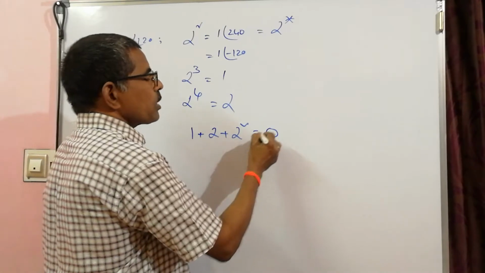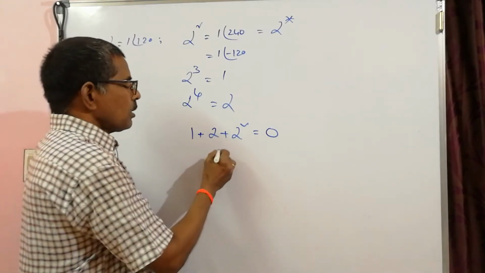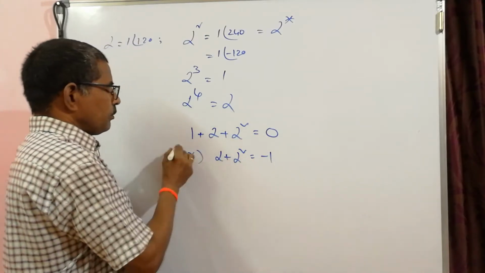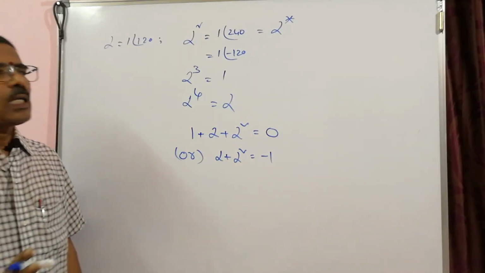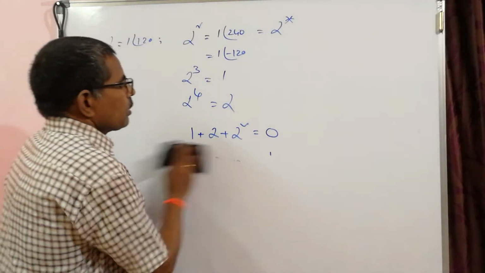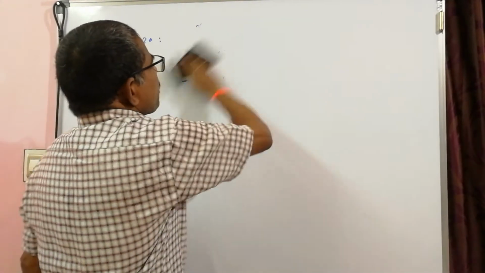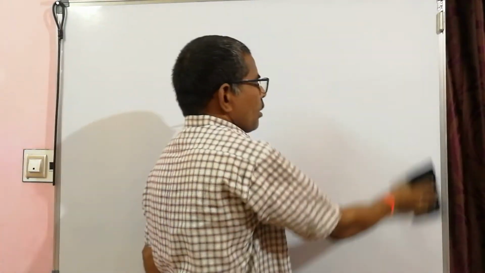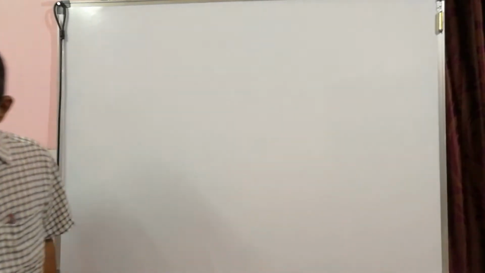I asked you to prove that it is 0, or that alpha plus alpha square is minus 1. So, these relations are very, very important. You should remember that 1 plus alpha plus alpha square is always 0.